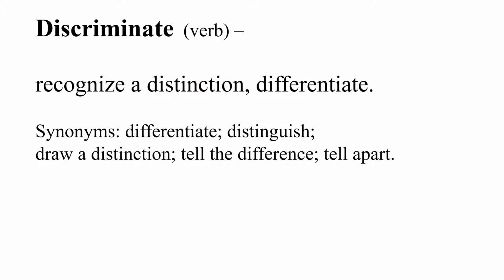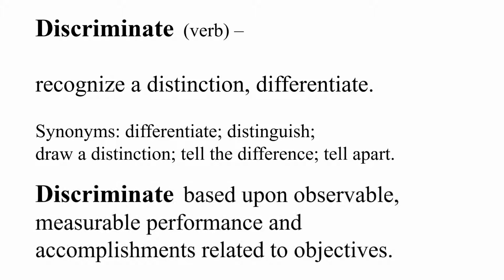For just a moment, let's discuss the word discriminate. To recognize a distinction, to differentiate. So its synonyms are differentiate, distinguish, draw distinction, tell a difference, to be able to tell apart. Now, the law says that we don't discriminate based on gender or age or race or ethnicity and so on.